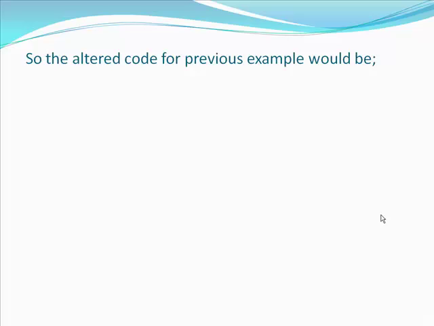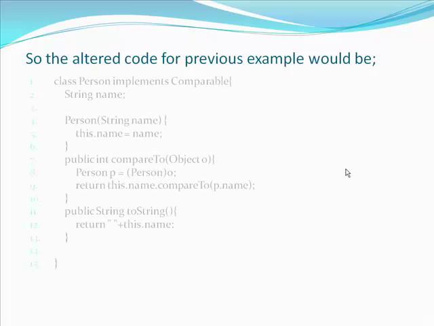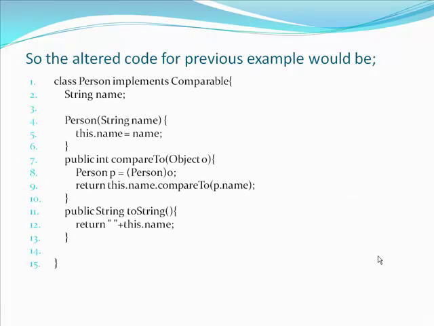Here is the altered code for the previous example. Here we implement the Comparable interface in the Person class and declare the compareTo method inside the class. Notice the compareTo method takes an object as a parameter.